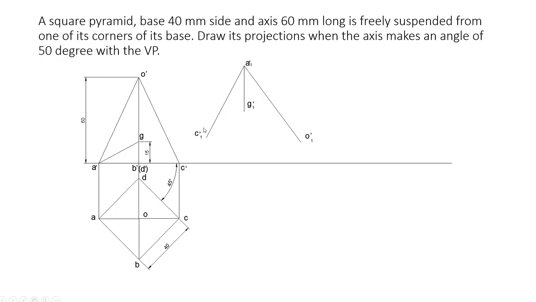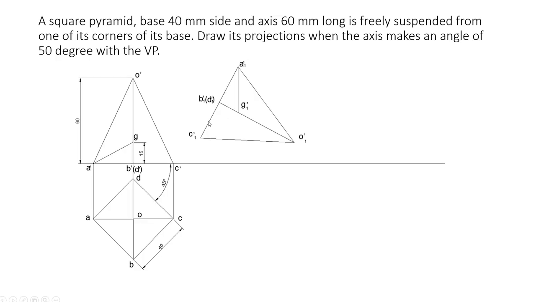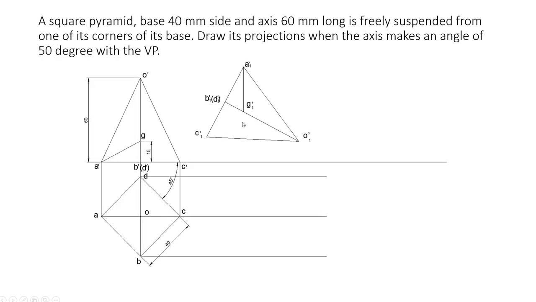Mark that length here. Now connect C1 dash to O1 dash. So this diagram you can copy here in the same way, but with the A dash G dash line vertical. Once you get this diagram, you draw the fourth diagram, that is the projection.